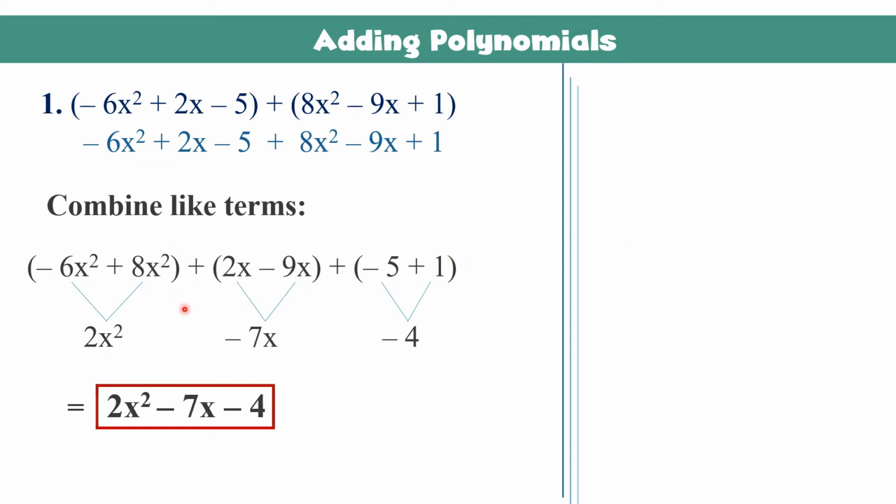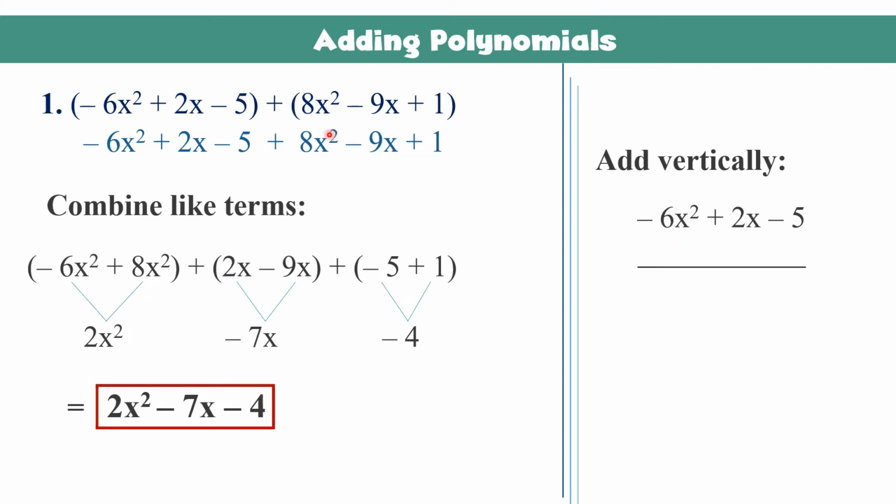Aside from this method, we can actually use adding them vertically. So to add them vertically, just copy the first polynomial. So we have negative 6x squared plus 2x minus 5. And then, in writing the second polynomial, you have to align each term here with their like terms.